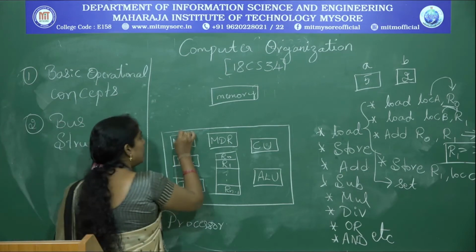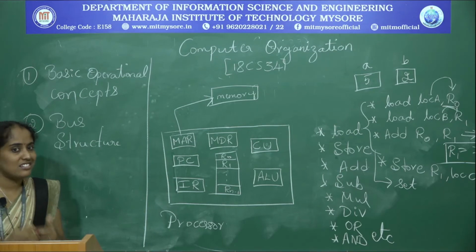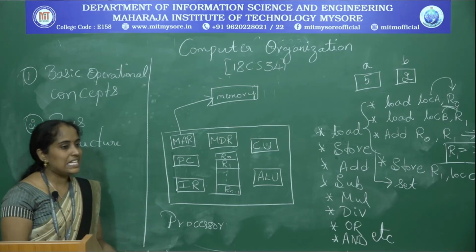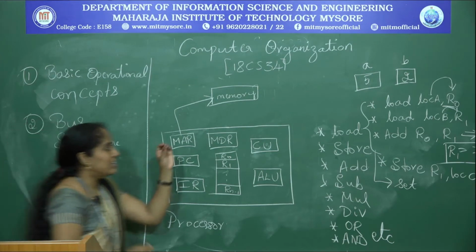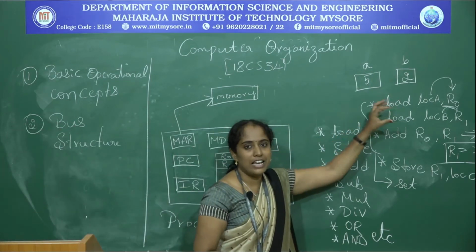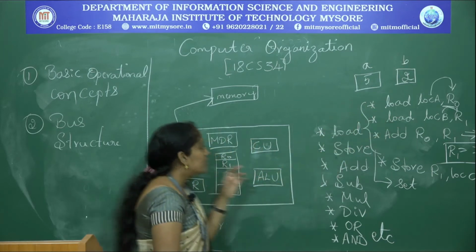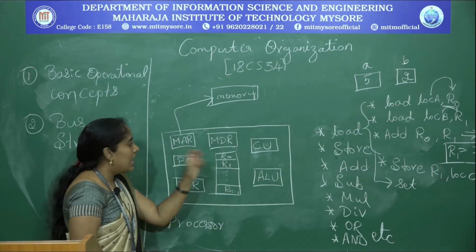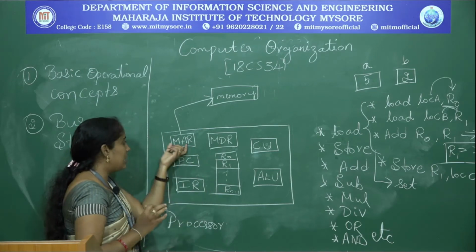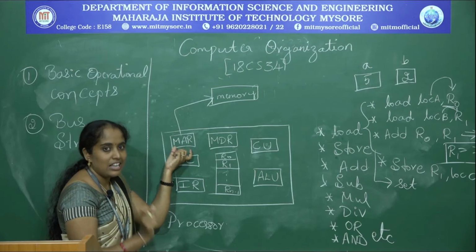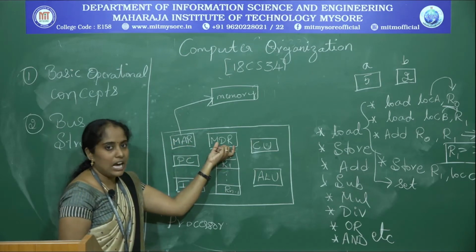Now, what is MAR, the memory address register? It contains the address where the instruction or actual data is present in your main memory. That address will be stored in the MAR, and the related data will be stored in the MDR.